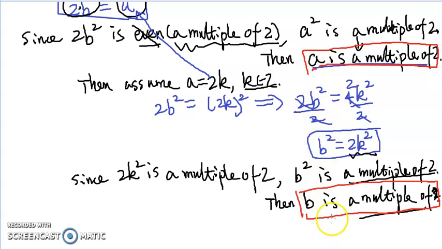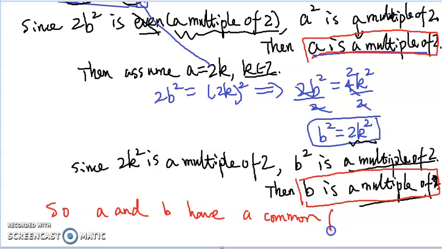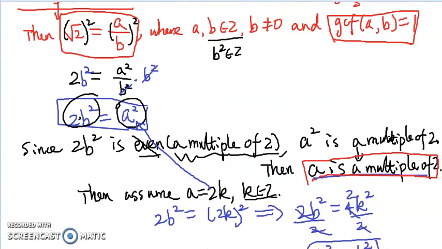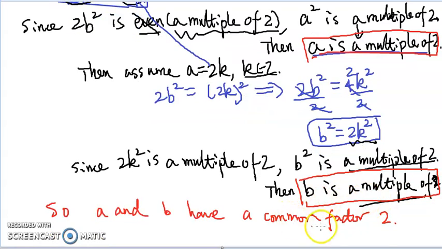If a and b are both multiples of 2, they have a common factor 2. If you remember, at the beginning we assumed this fraction a over b is in simplest form, which means a and b have nothing in common except 1. But now we found a and b have something in common, which is 2. That's a contradiction.